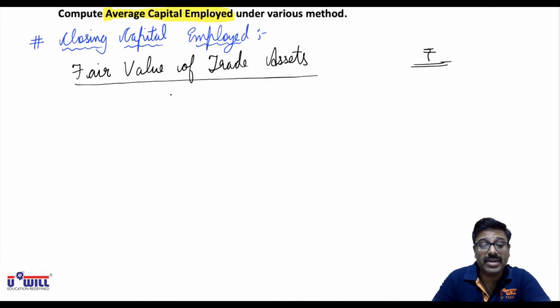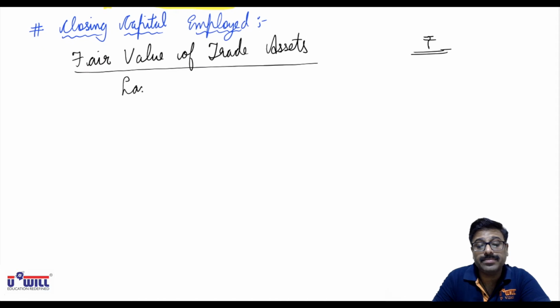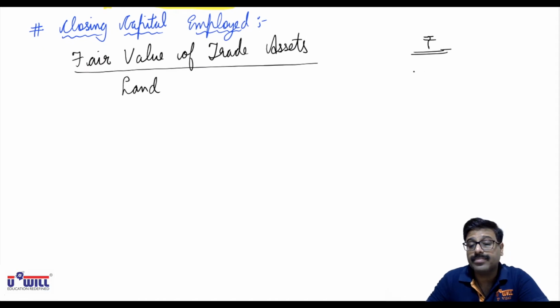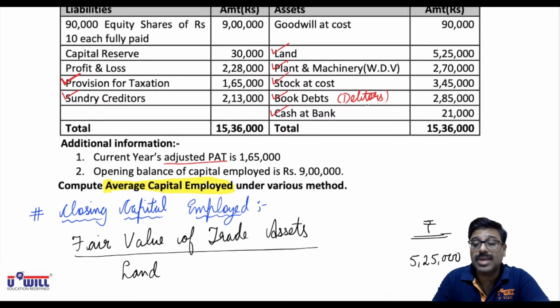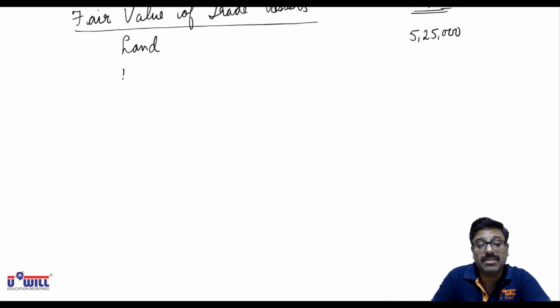Land 5,25,000. Then plant and machinery 2,70,000. No other values are given, which means we assume the book values themselves are the fair values.